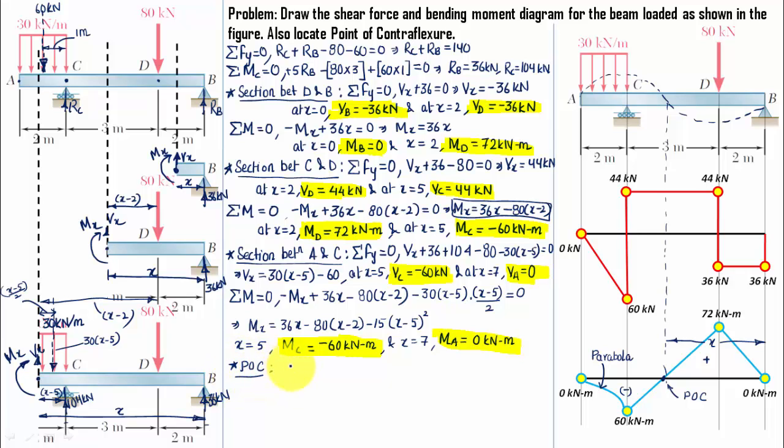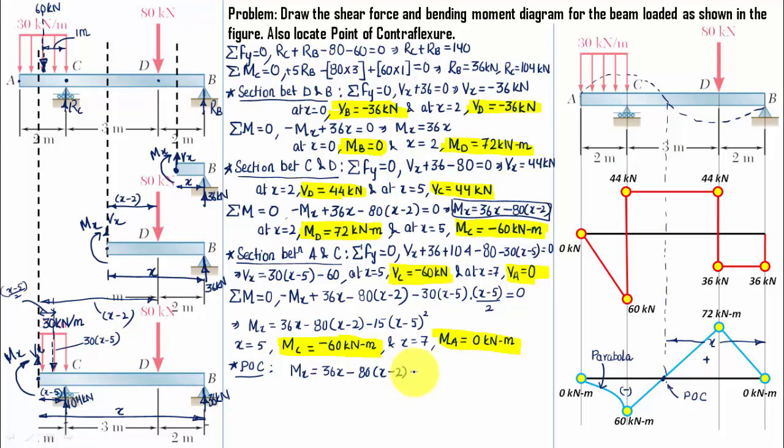Now in this part we are going to find the location of the point of contraflexure, and for that, since this point has been obtained between C and D, we are going to put this equation, Mx is equal to 36x minus 80 times of x minus 2. Mx is equal to what? 36x minus 80 times of x minus 2.